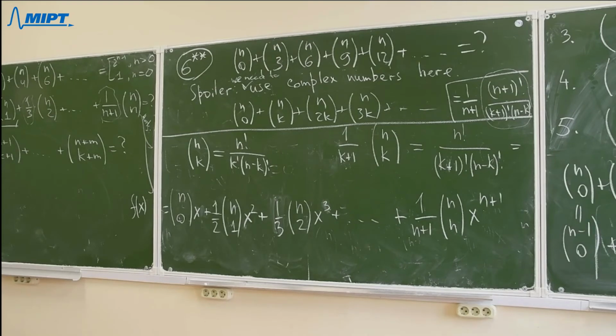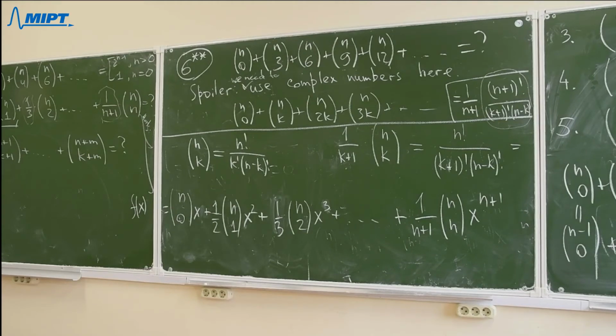If you put 0, it will be 0 factorial by 0 factorial. But what about the second summand? It is 1 over 2 times n choose 1, and where can we have n plus 1 factorial in the denominator?